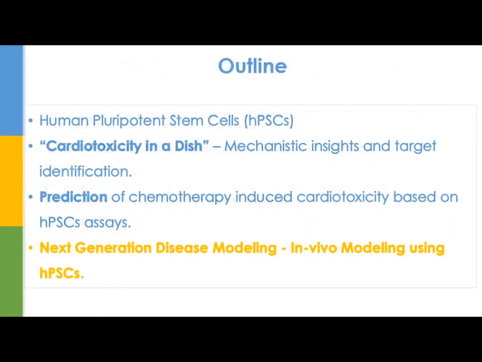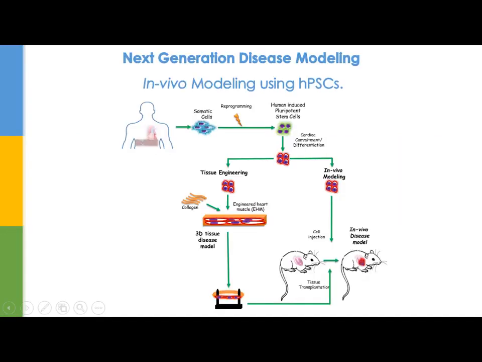What we are currently doing in the lab, especially for genetic cardiomyopathies, but also for chemotherapy-induced cardiomyopathy, is using in vivo modeling of human diseases, using iPS systems, what we call next generation disease modeling. And the concept is very simple. We take human pluripotent stem cells and differentiate them into cardiomyocytes.